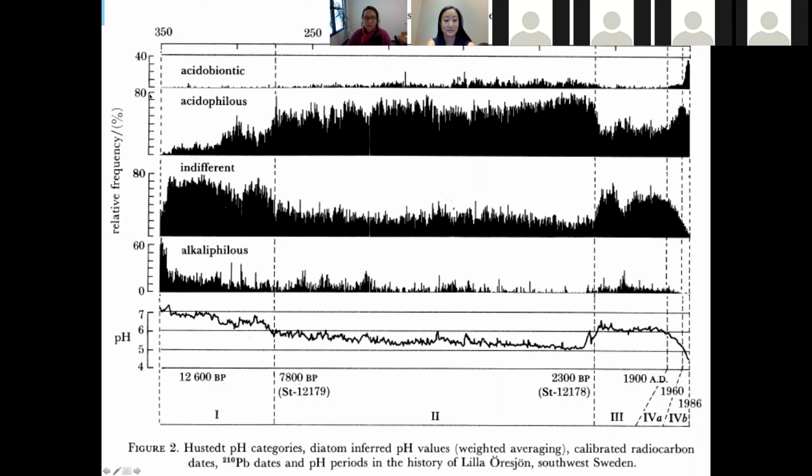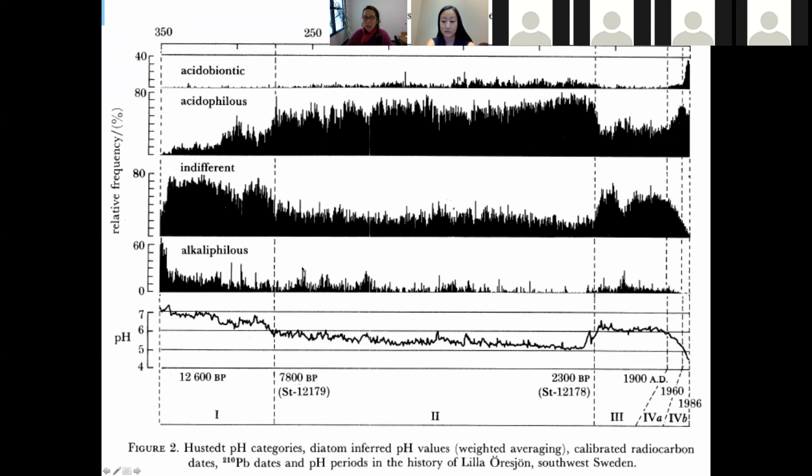If we go down to the very bottom here, the bottom sediment is worth over 12,000 years. And then we can see 7,000 years ago, 23,000 years ago, 1900 AD, and all the way up to when this was done, just cored in 1986.